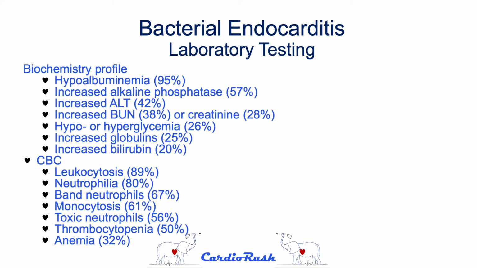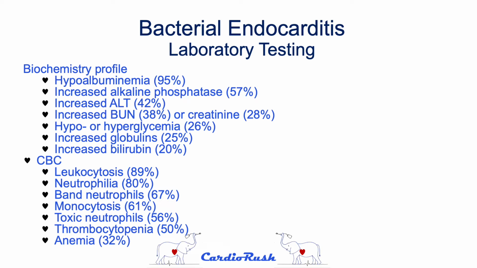Laboratory findings that may be seen in dogs can include hypoalbuminemia, increased alkaline phosphatase, increased ALT or AST, elevation of kidney values BUN or creatinine, high or low blood glucose, in addition to increased globulins or increased bilirubin.